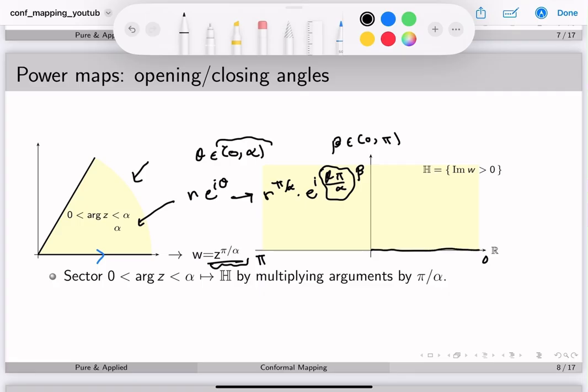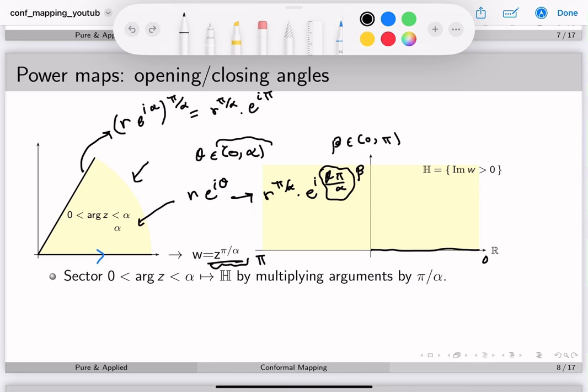And for this other boundary, the angle is alpha, so we're working with points of the form r e to the i alpha, and hence when we raise to the power pi over alpha, which is our map, what we end up with is r to the pi over alpha times e to the i pi, and this is minus 1.